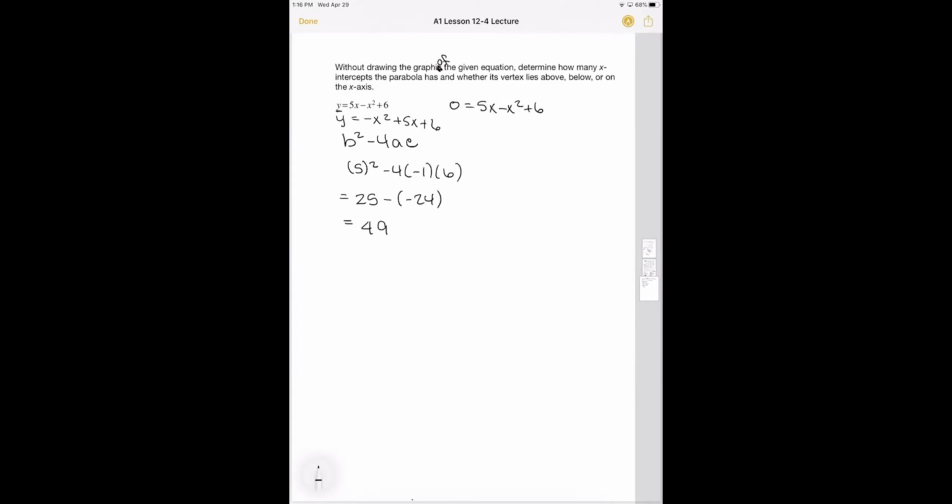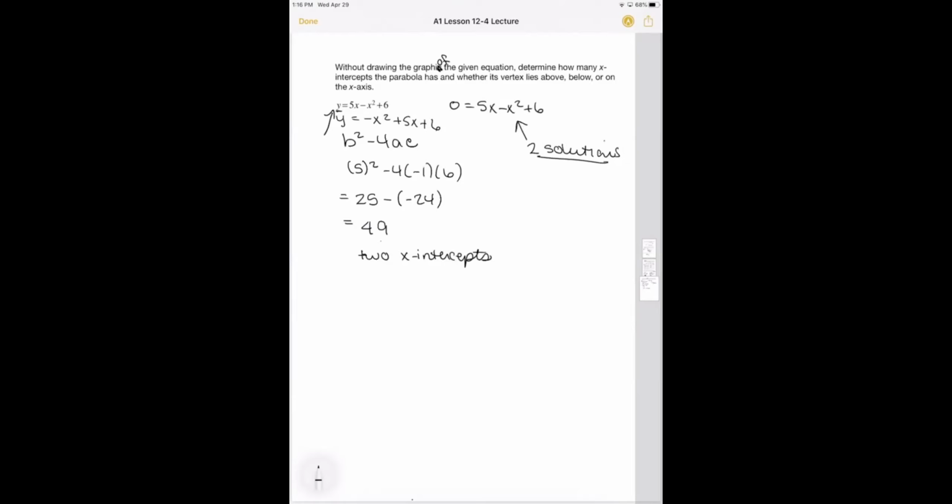That means it has 2 solutions, right? The equation over here would have 2 solutions, and this equation over here has 2 x-intercepts. All right, because there's 2 solutions over here, and the discriminant says 2 solutions, there's also 2 x-intercepts.